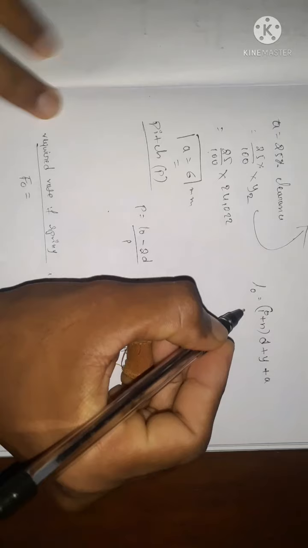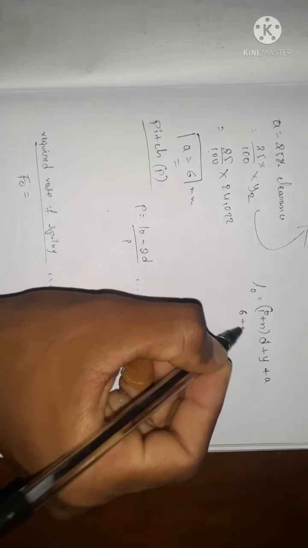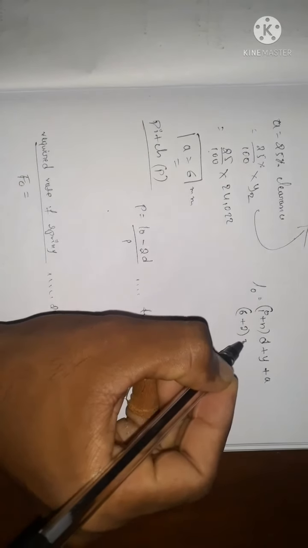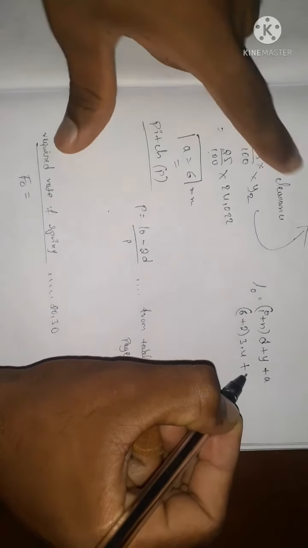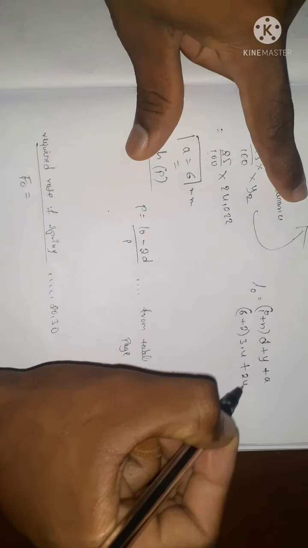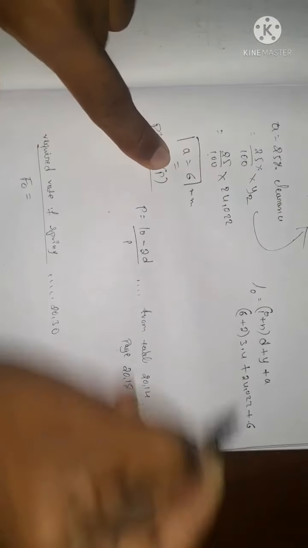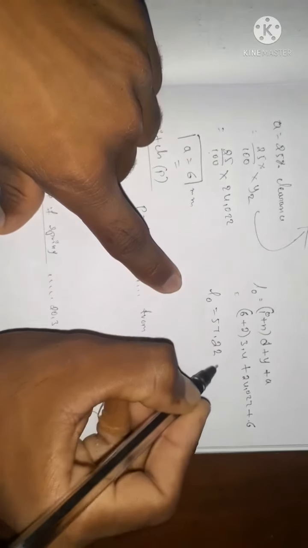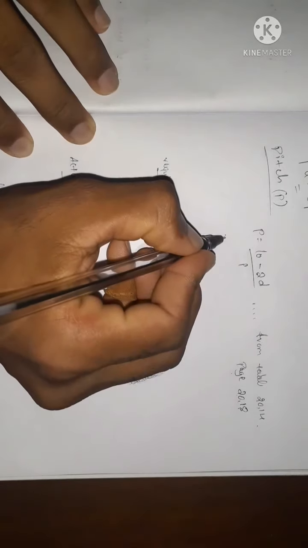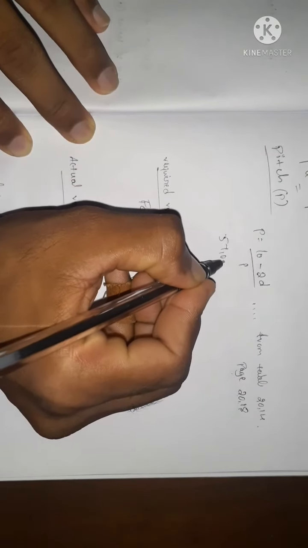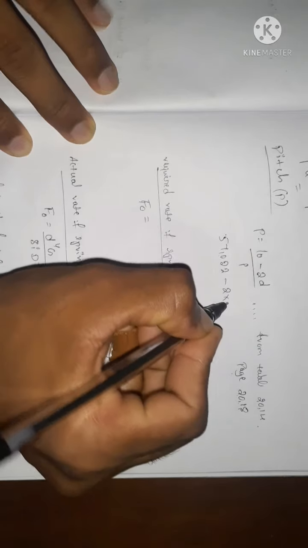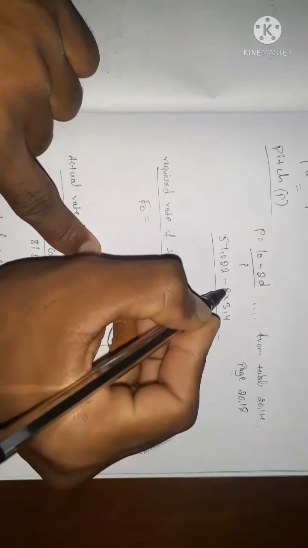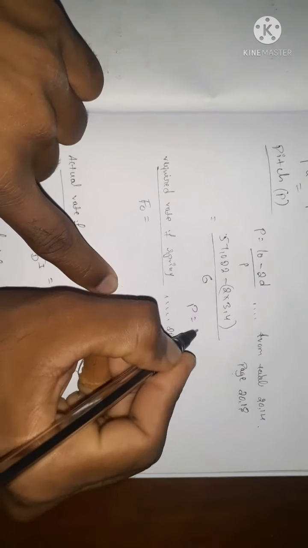L0 is equal to i plus 2, n is a constant, into d equal to 3.4, plus y equals 24.022, plus a equals 6, where L0 is equal to 57.022 millimeter. Substitute in this formula, L0 minus 2 into small d, 3.4, divided by i is 6, where pitch is equal to 8.4 millimeter.